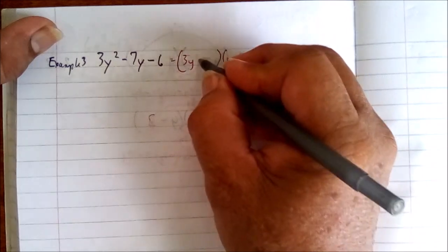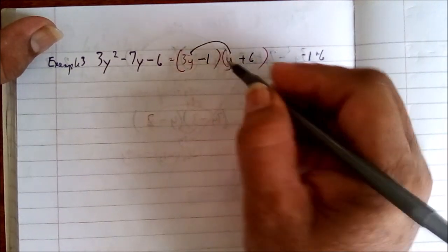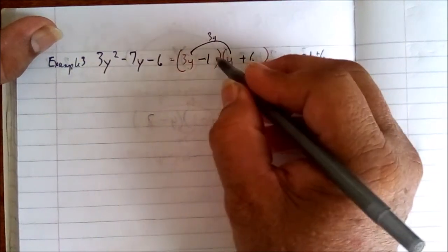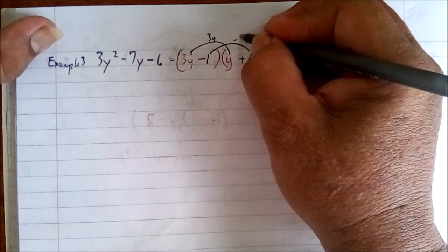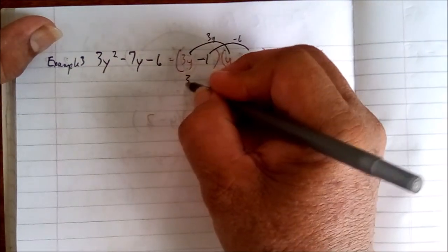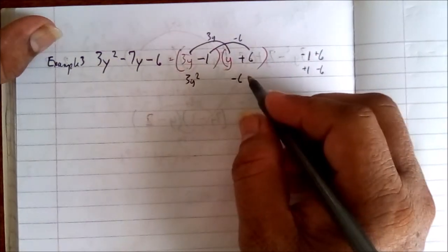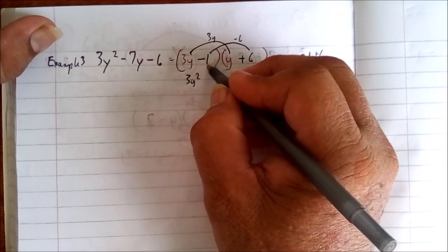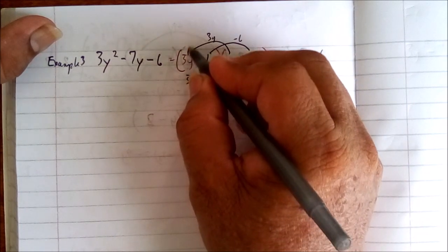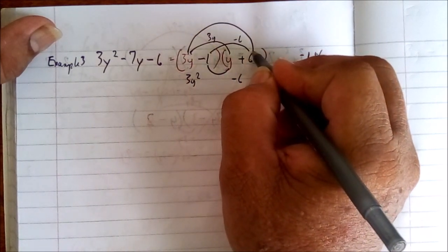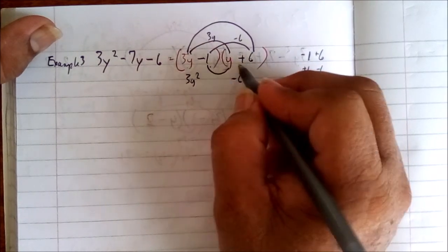If we put a negative 1 here and a 6 here, when we multiply this out, we end up with 3y squared and negative 6, so that looks promising. But the middle term is a combination of the two inner terms.